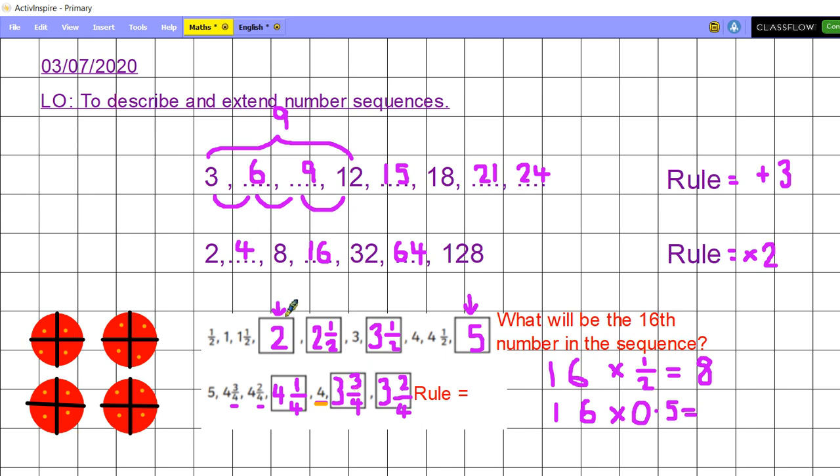If I then get rid of one of these, because I'm taking away, my rule, as we said, was taking away 1/4. So if I'm taking away that 1/4, then what I am doing is getting rid of one of these. Okay, so I've got rid of one of those quarters that I had.